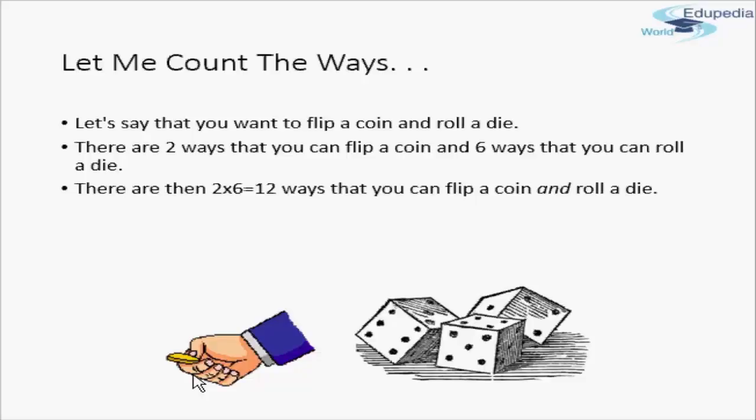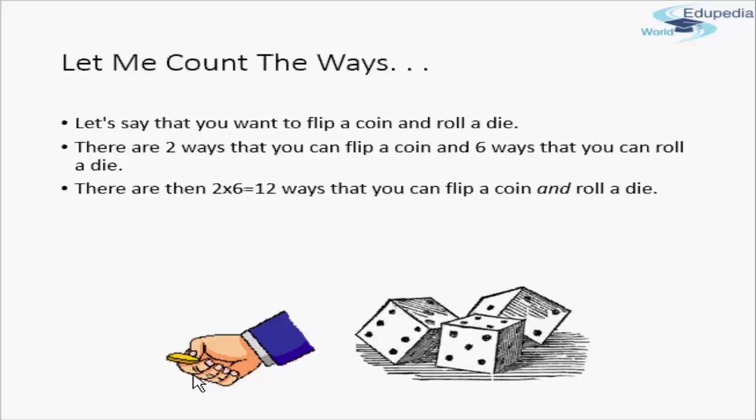There are altogether 2 outcomes. And how many outcomes can a roll of a die have? A roll of a die can have 6 outcomes. So what is the total number of outcomes? m into n, that is 2 multiplied by 6. So there are altogether 12 ways that you can flip a coin and roll a die.